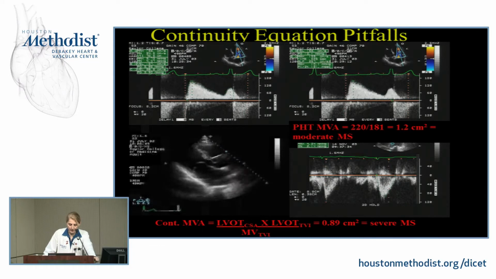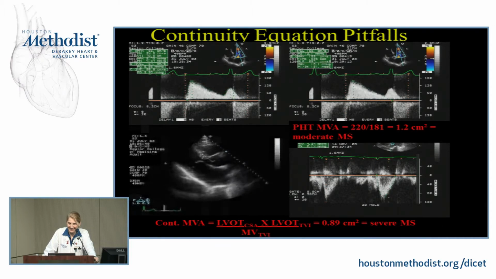So in this particular case, I didn't show you a color picture, but it would have been helpful. You can see that there's significant mitral regurgitation on those continuous wave frames in the upper panels. What the mitral regurgitation does is add extra volume, so it's going to inflate that time velocity integral, that continuous wave signal across your stenotic jet.